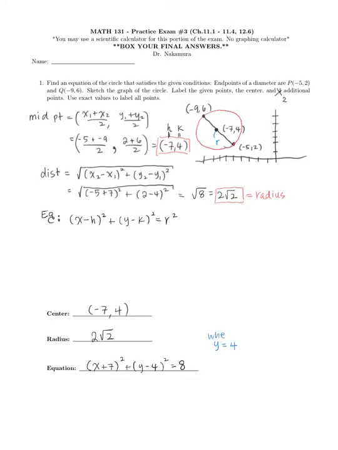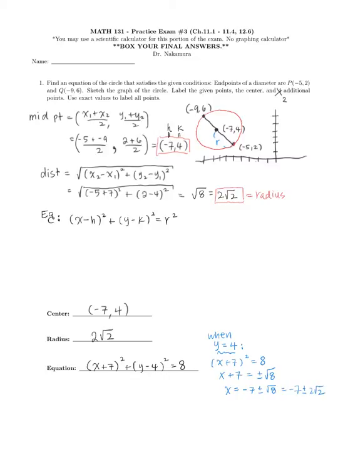So when y equals 4, our equation of the circle becomes x plus 7 squared equals 8. Taking the square root on both sides, you're going to have plus or minus square root of 8. So it looks like the x-coordinate is going to be negative 7 plus or minus the square root of 8. Yes, I know, square root of 8 is 2 root 2, but if you want me to rewrite it, that's fine. It's negative 7 plus or minus 2 root 2.